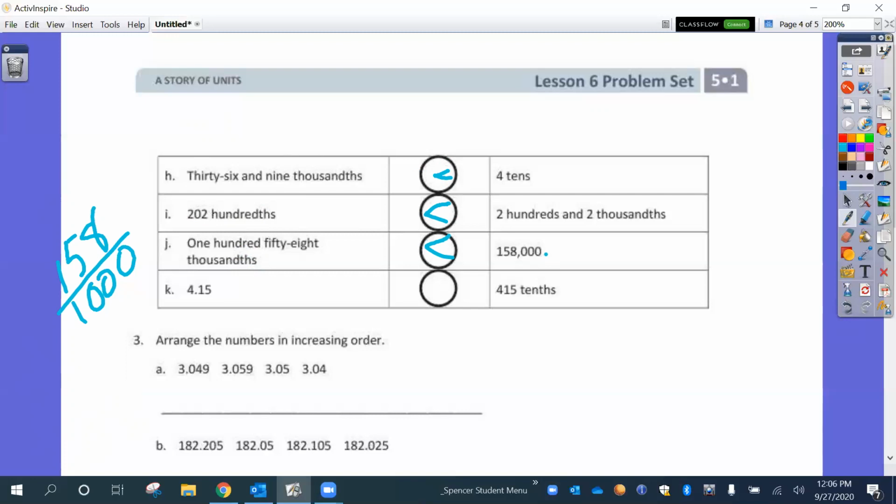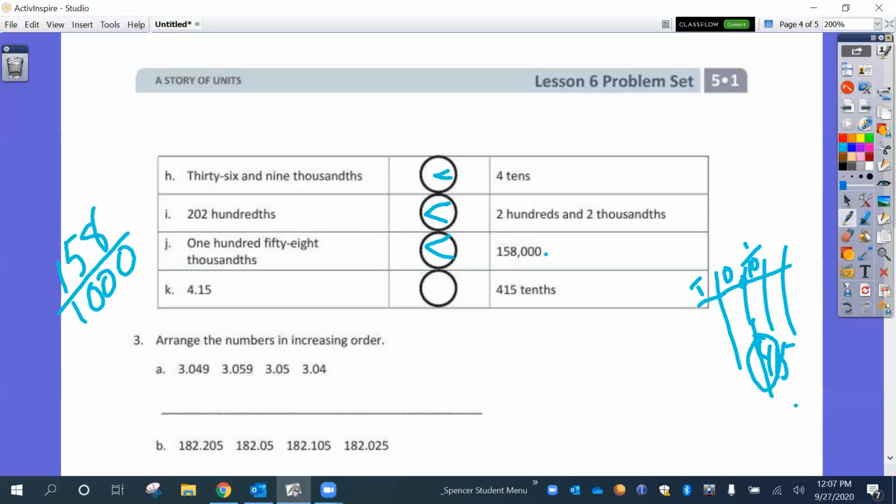All right, 4 and 15 hundredths versus 415 tenths. So whenever I see that, I want to represent it in a place value chart. So this would be tenths. I'll make sure I have ones and tens here. Now, if I put 400 in the tenths place, that means I need to shift the 41 to the left.